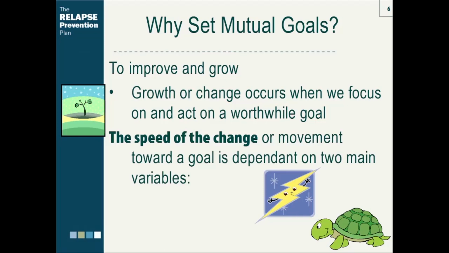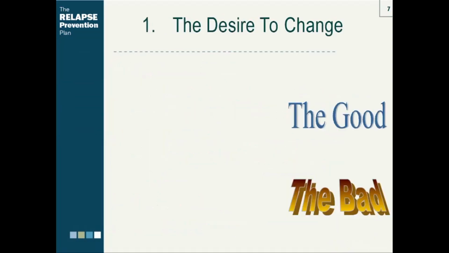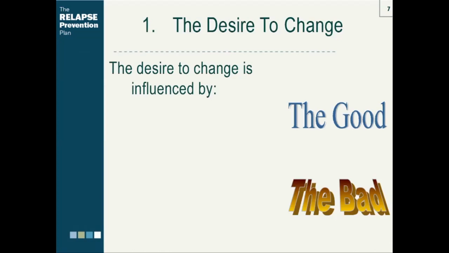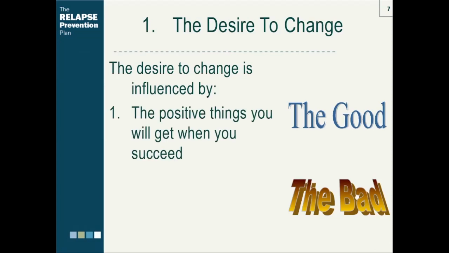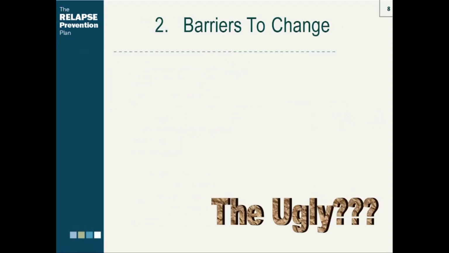The speed of change or movement toward a goal is dependent on two main things: the desire to change and your barriers to change. The desire to change is influenced by the positive things you will get when you succeed, or the negative consequences if you don't succeed.